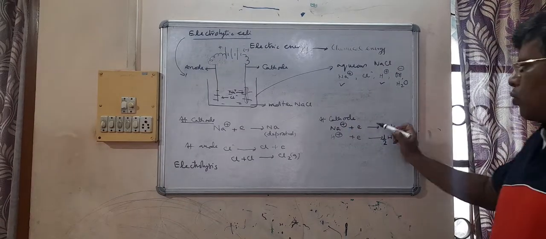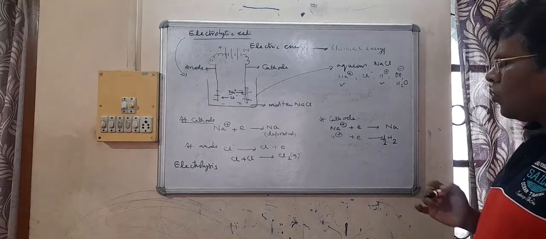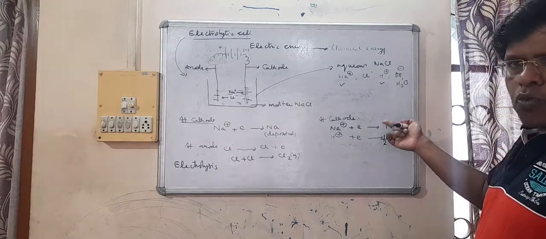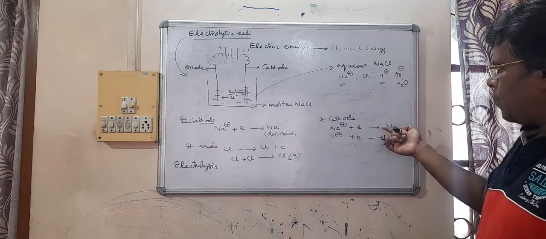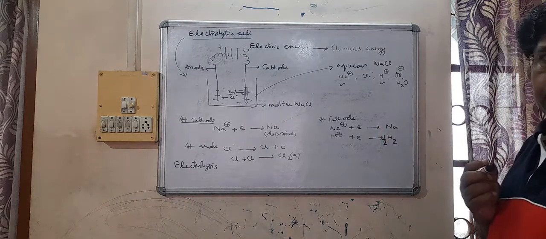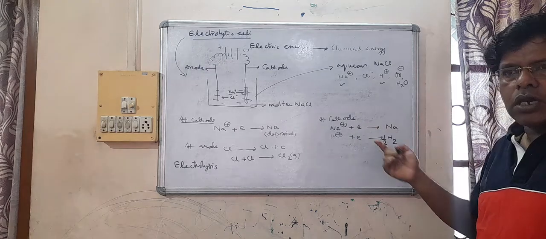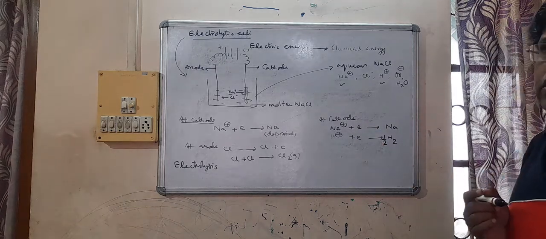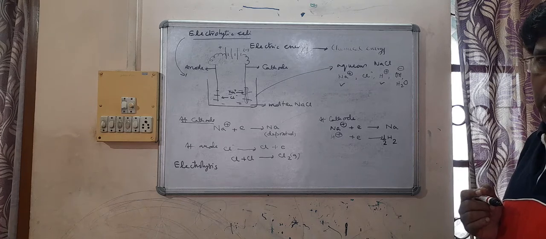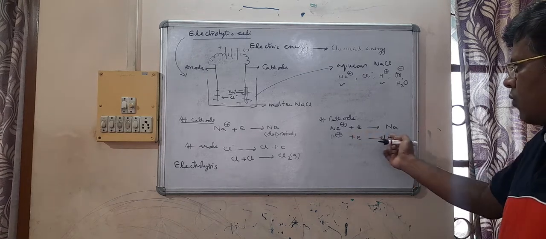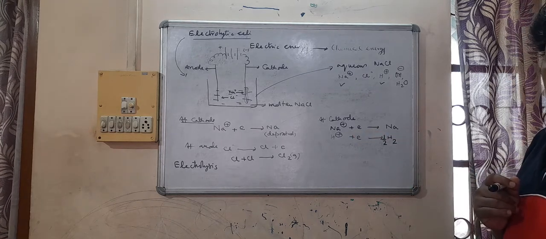But which one will actually happen? The one which has the higher reduction potential is going to happen. The reduction potential of sodium is around minus 2.71 volts, whereas the reduction potential of hydrogen is 0 volt.